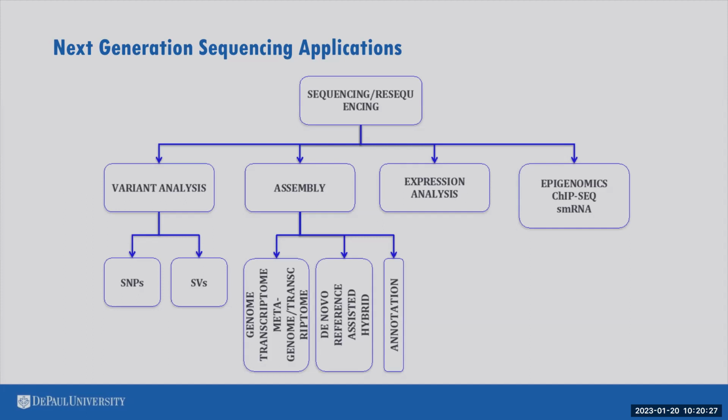We don't have any information, so you have to start everything de novo. One of the things that you do is a de novo assembly. It is relatively easy when you're dealing with prokaryotes, because the organism is less complex. It has only one chromosome, maybe a plasmid, so the process of assembly was relatively straightforward.